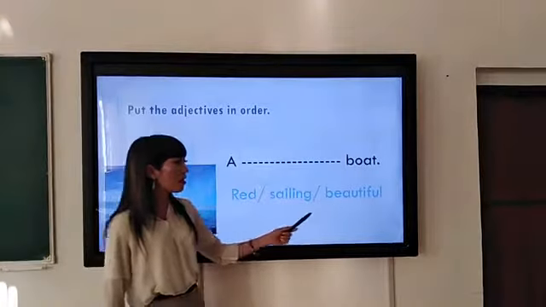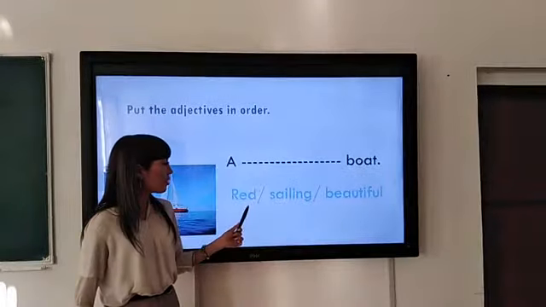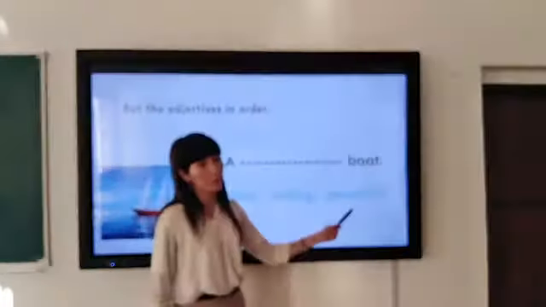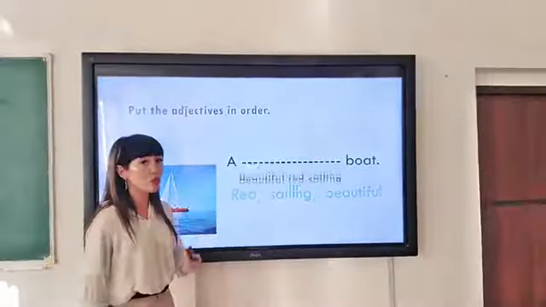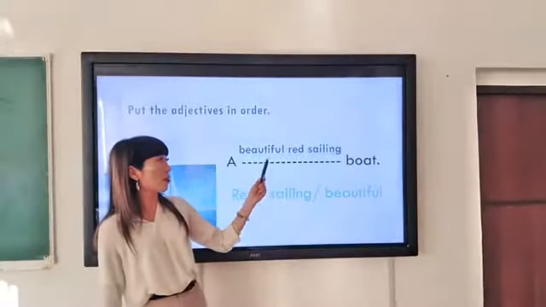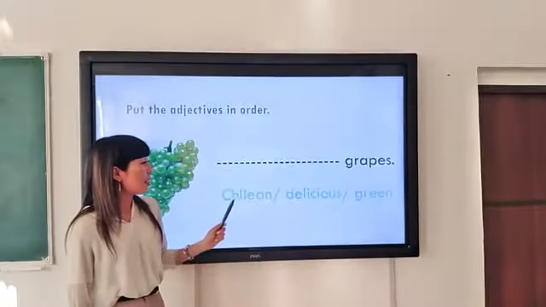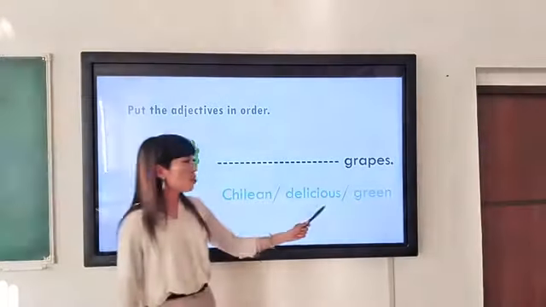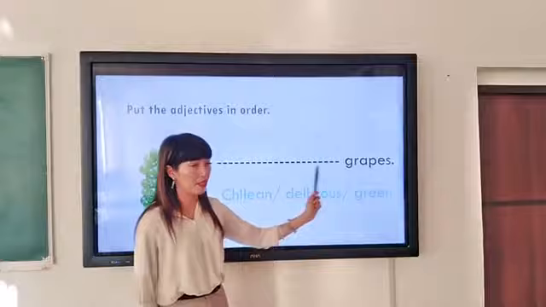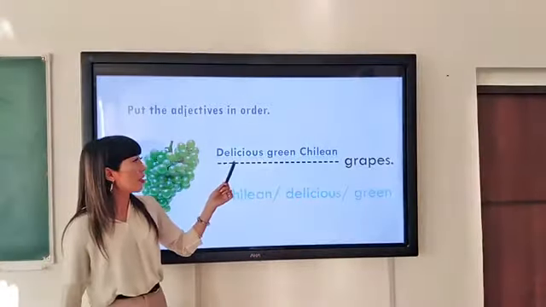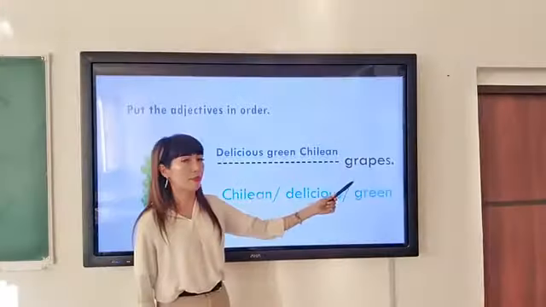Red, sailing, beautiful. I will explain that this is color. Sailing is for purpose, beautiful is your opinion. And I hope your version is that you have the beautiful red sailing boat. Okay, next. Chilean, delicious, green grapes. So, your answer? Delicious green Chilean grapes.